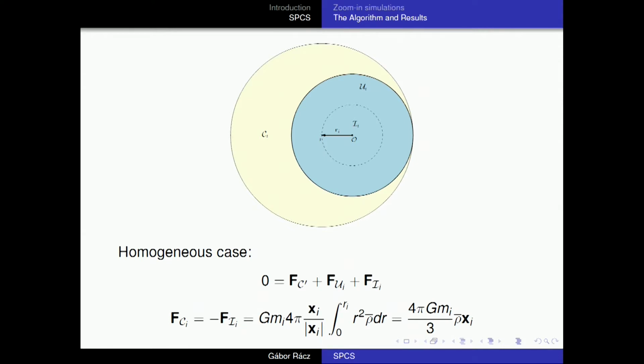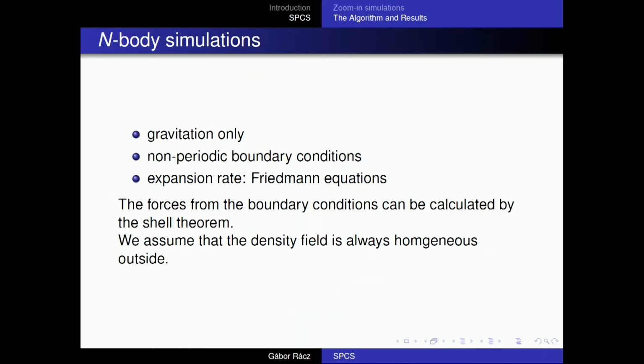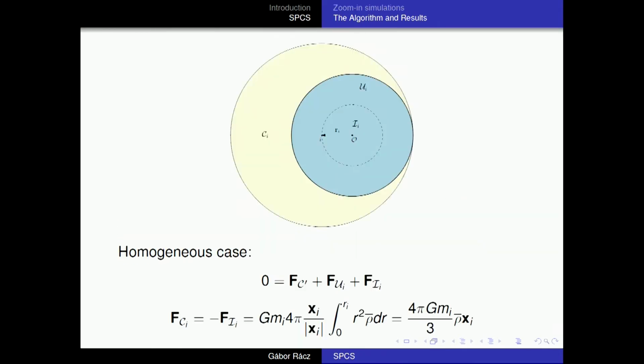So you get this force from Fc, and because we use a homogeneous boundary condition, basically everything outside is homogeneous. So if there are structures in here, the force will be the same. So this will be the force in the simulations.